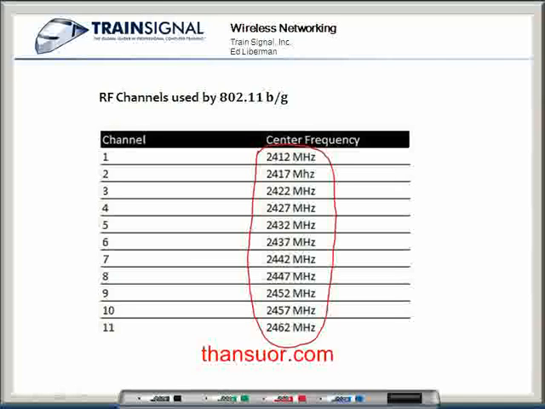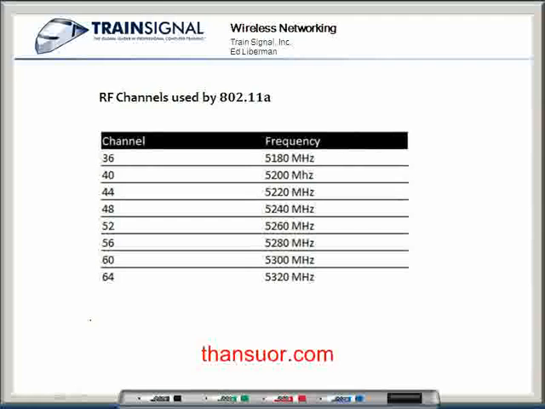Now you'll notice if this goes all the way up to 2427, doesn't that overlap with channel 2 and channel 3 and channel 4? Yeah, it does. So the way this works is if you have more than one access point, you want to have one of them on channel 1, one of them on channel 6, and one of them on channel 11 to avoid the overlap and therefore avoid any interference.